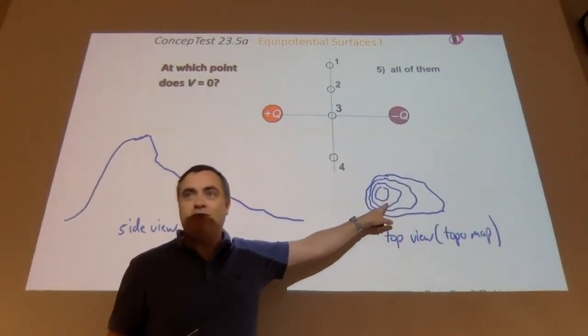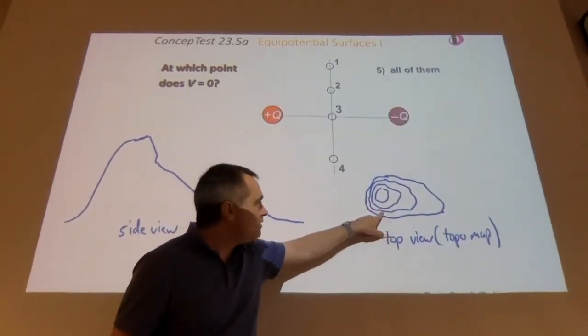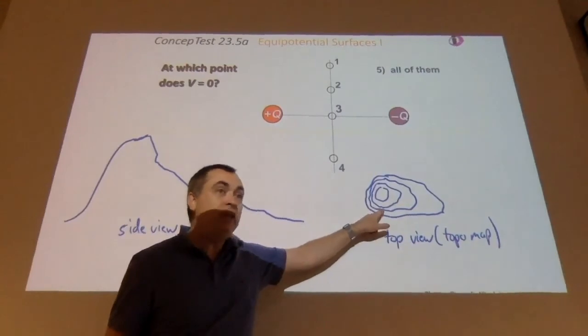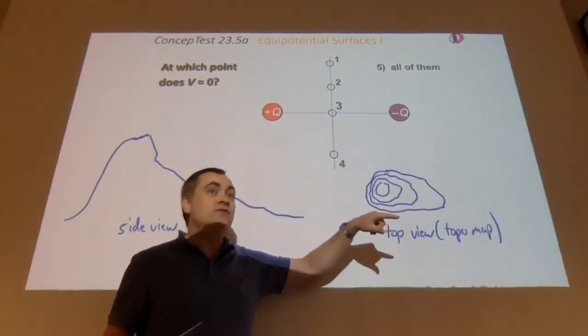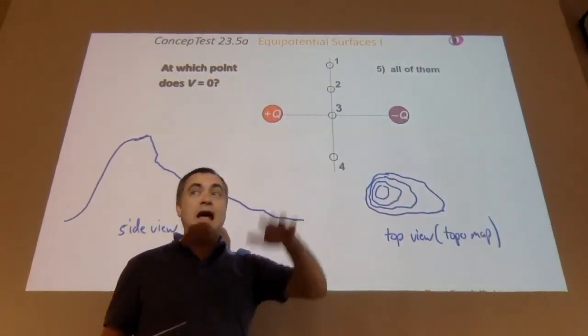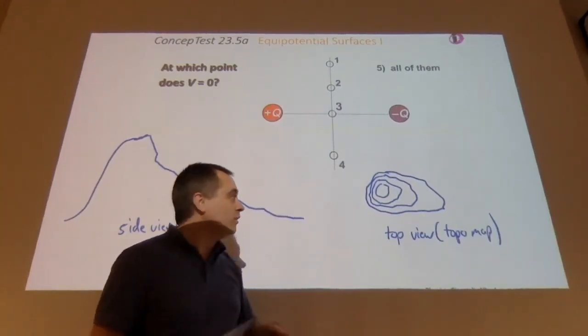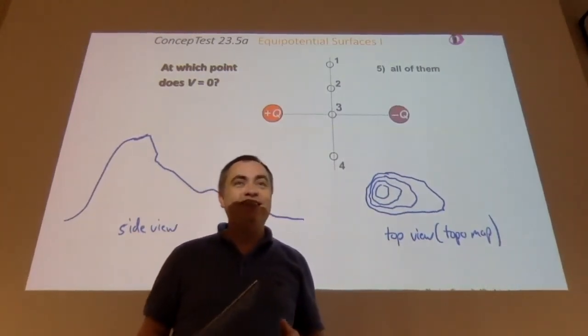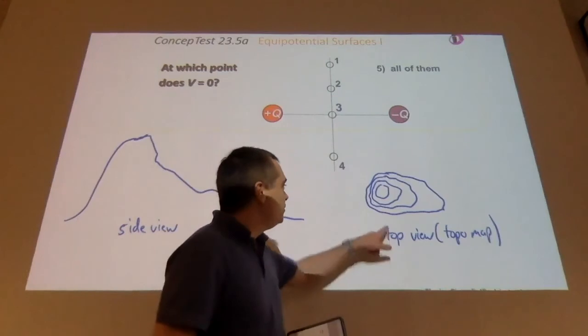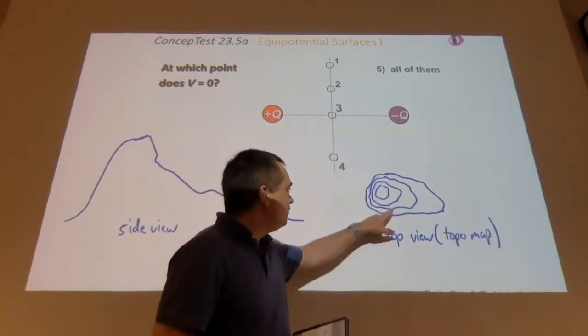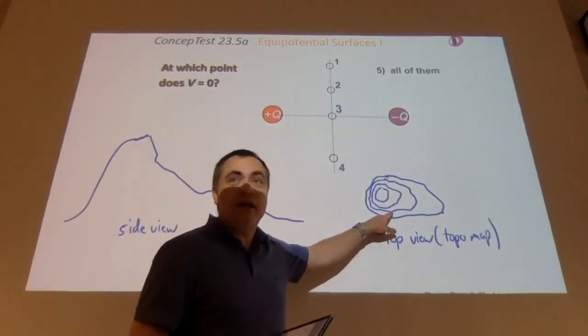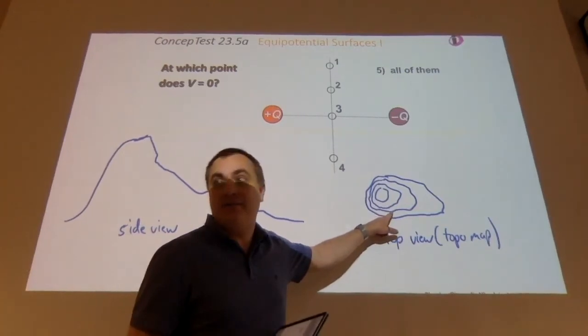That's trying to tell you something about potential, and these lines are equipotential lines, even though they don't call them that. Each one of these lines means that there is no change in potential. It means there's no change in altitude. So if you're like me and you want to go on a hike, you want to look at one of these maps and figure out where one of these lines is located and stay on it.